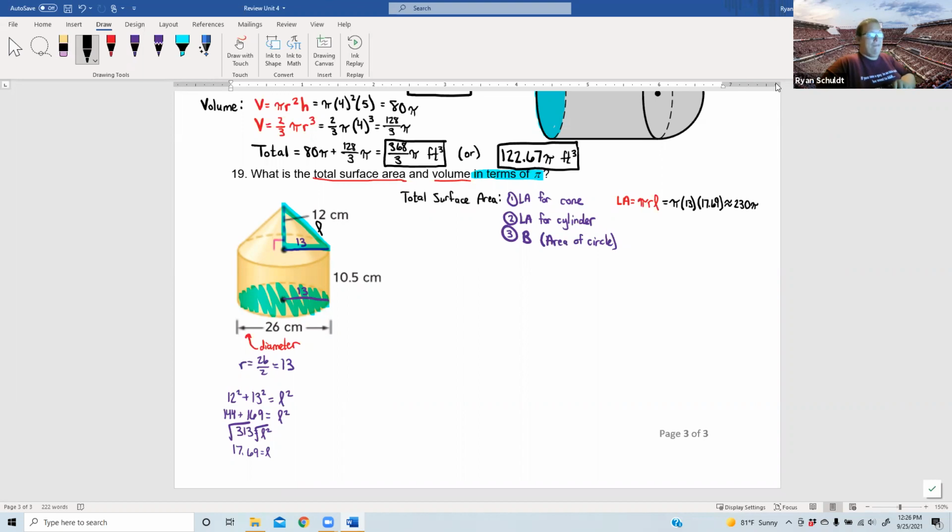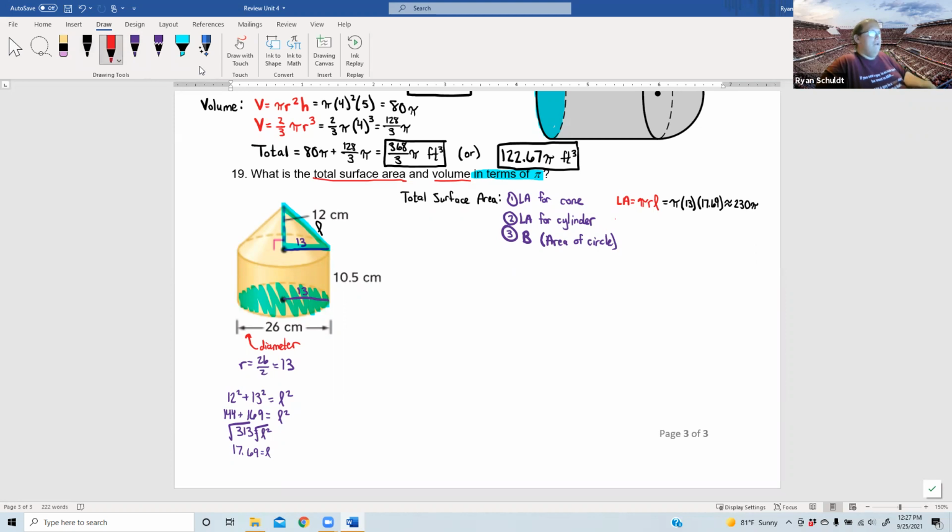When I multiply by 13 here, I used that whole 17.6918, et cetera, et cetera. And that's what got me to 229.99. So I just said, you know what, 230. Let's keep it simple. Okay. So now there's our lateral area for the cone.